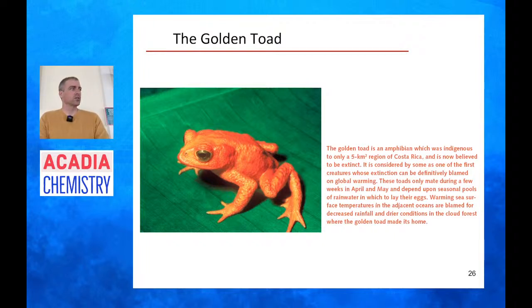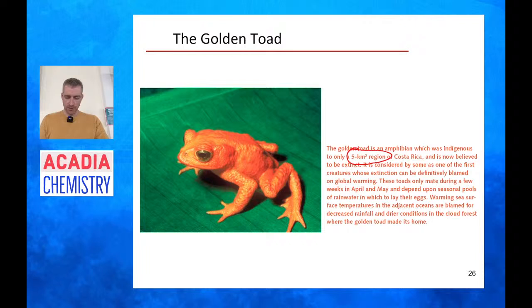So their biological cycle is very specialized for their particular microclimate. They need a wet season when they're ready to reproduce. Their range is only about a 5 square kilometer region, so they're extremely susceptible to changes in climate and not able to quickly relocate. They're not like birds or fish that could quickly find new habitat.